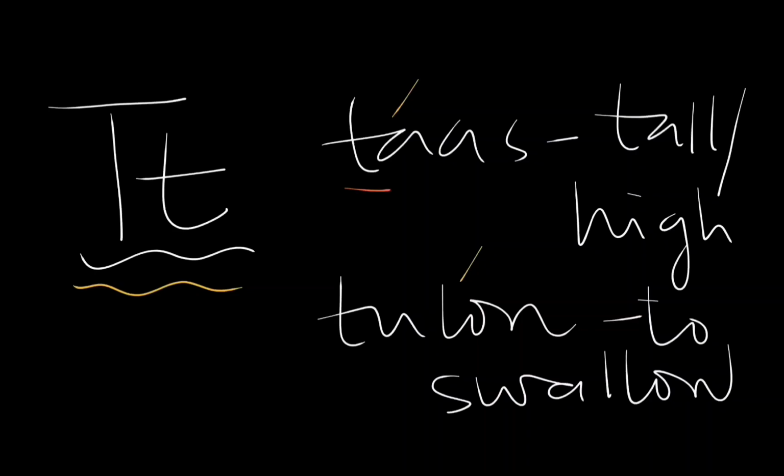So the letter T in taas is sounded as ta, and not aspirated. No, we don't say it the English way, but we say taas, taas, taas. The same goes for tolon. The T in tolon is sounded as tu, and not aspirated.